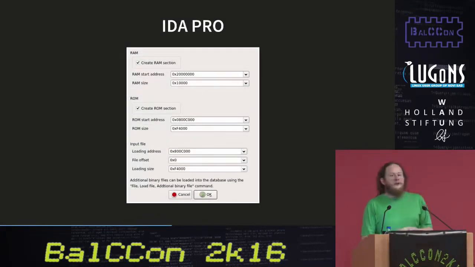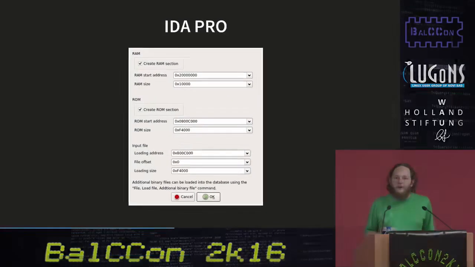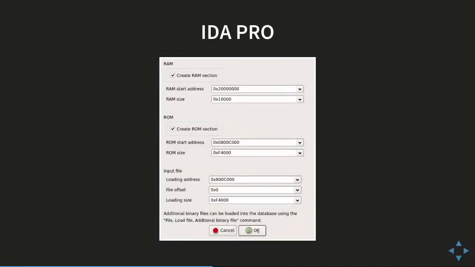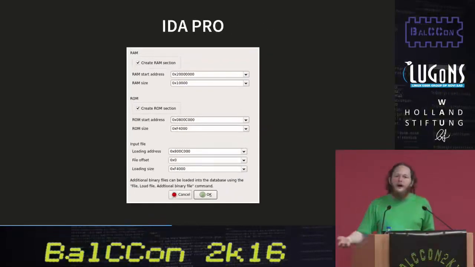In IDA Pro, which is hellishly expensive but very effective, all you need to do is get a copy of the firmware dump, load it into a process, and then tell it that it should have RAM at the location where RAM should be. So in this screenshot, I'm telling IDA that RAM starts at 2000 and change hexadecimal, and that ROM starts at 0800C000.